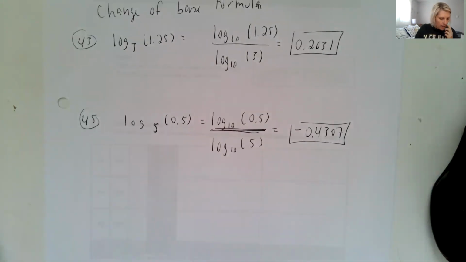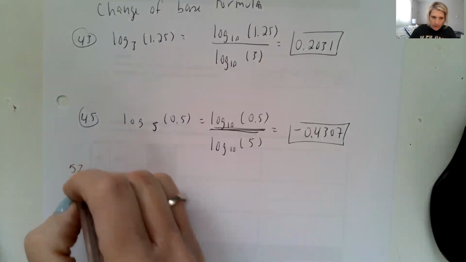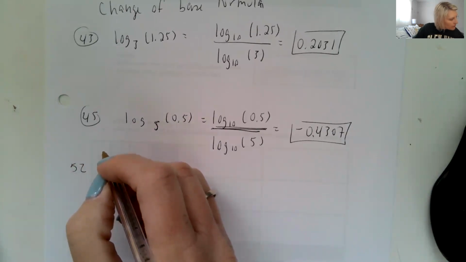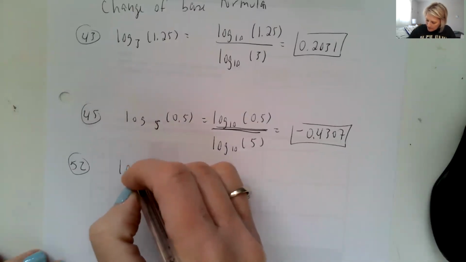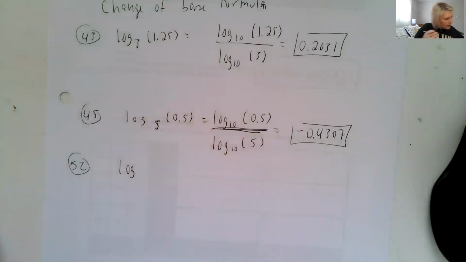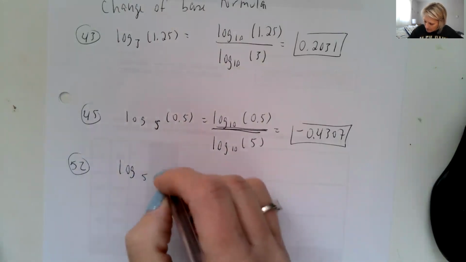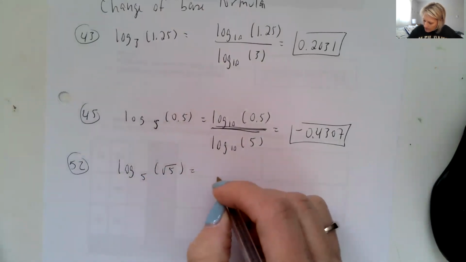So let's look at number 52 and 54 in the book. This section says, use the definitions of logarithm to solve for x. So 52, let's just write these down. 52 is log base 5 of the square root of 5.